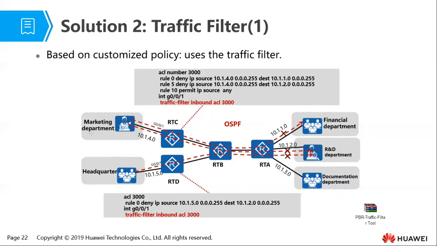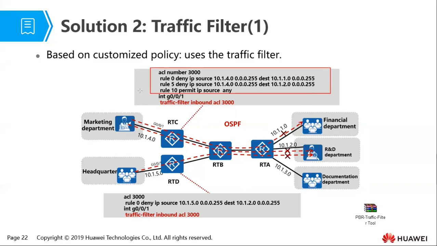So we have the marketing department. So it's the same scenario. Marketing department cannot access finance and R&D. Headquarters cannot access R&D. So let's look. Here we want to use an advanced ACL.